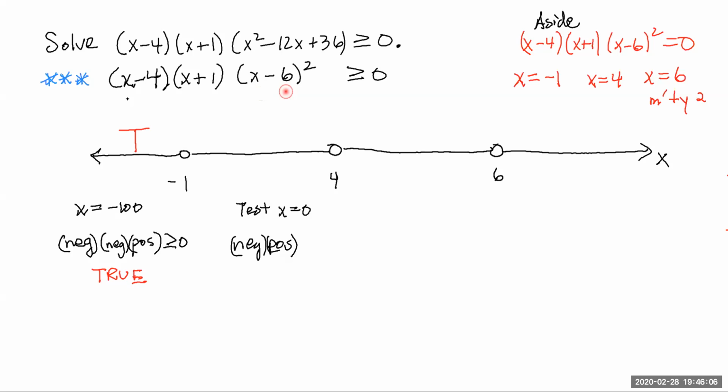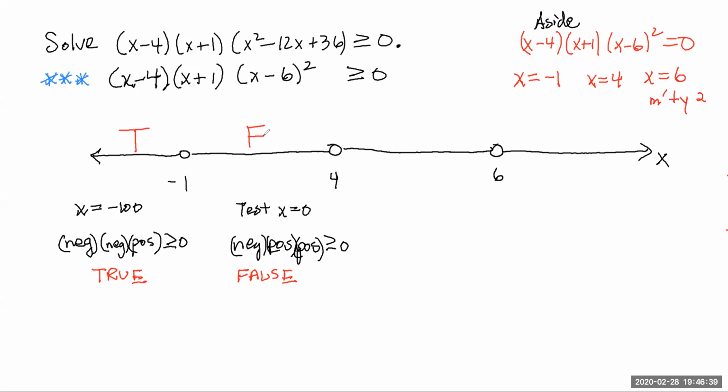Once again, we have -6 quantity squared, so that would be positive. So this time we have a negative times a positive, which is still negative. And we're testing to see if that's greater than or equal to 0. Well, that's false. And remember, with inequalities, we do not shade the false sides. So let's make a note right here, that is false.